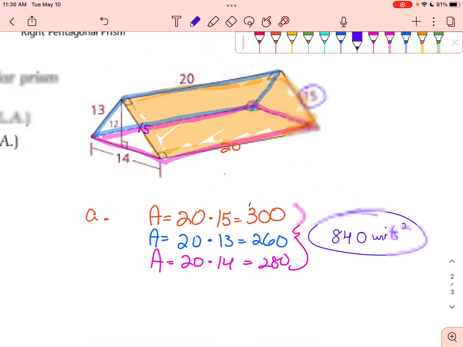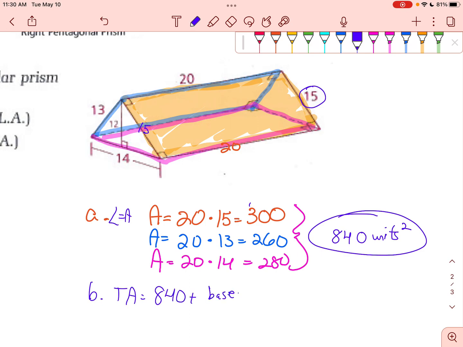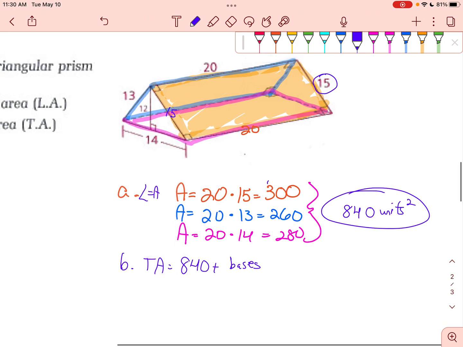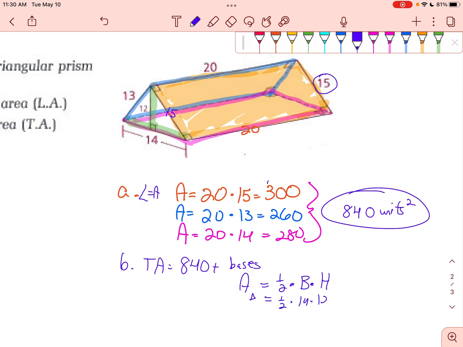Now to find the total area, that's part B. This is the lateral area, just those lateral faces. The total area is going to be that 840 plus the bases added in. So now we have to find the area of those two bases. The area of a triangle is 1/2 times the base times the height of the triangle. So again, I'm looking at the base to be 14 and the height is 12. So the area of this triangle is 1/2 times 14 times 12.